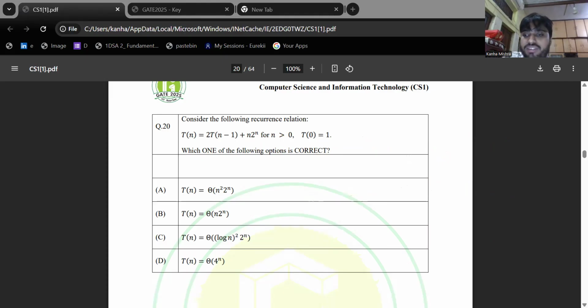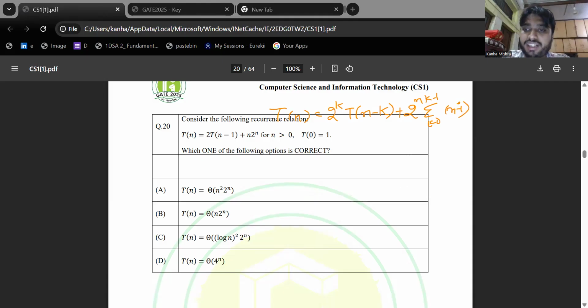Now, since you have got T(n), let me write that. T(n) comes out to be 2^k T(n-k) plus 2^n times the summation of i equals 0 to k-1 of (n-i).